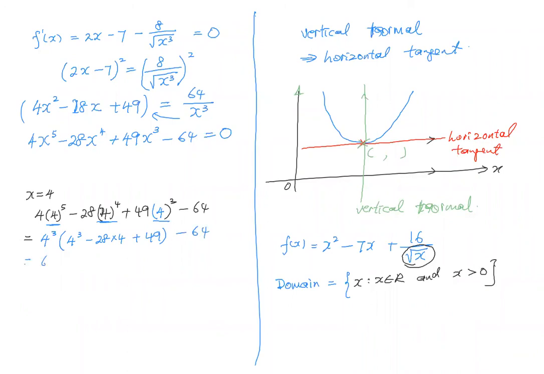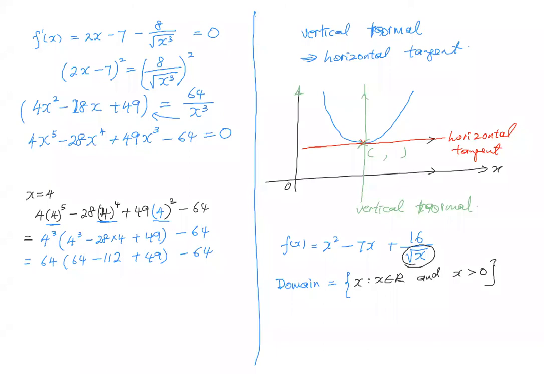So this is 64 times 16 minus 112 plus 49, minus 64.